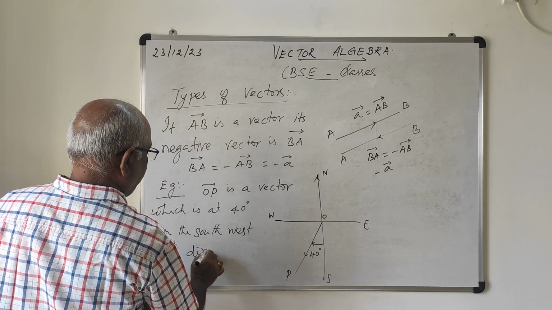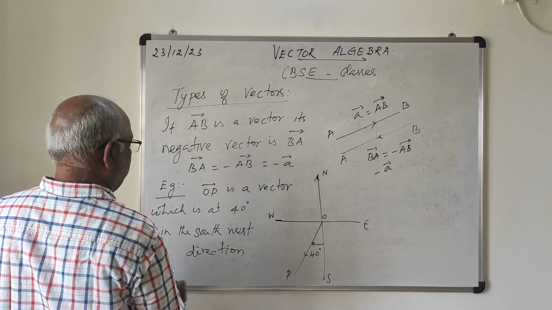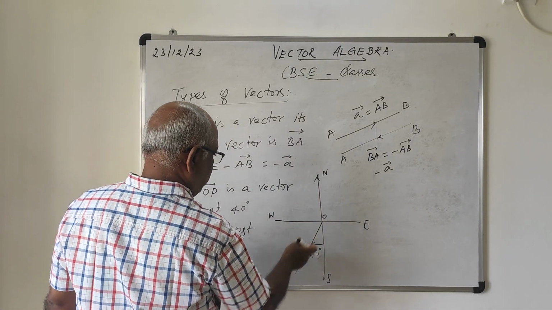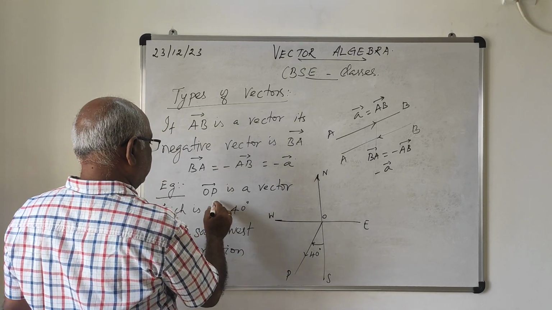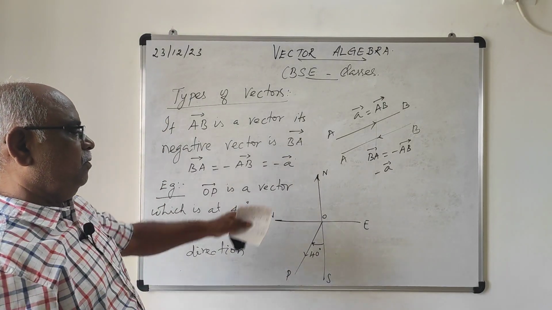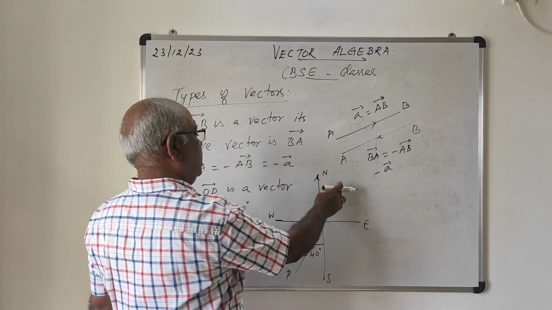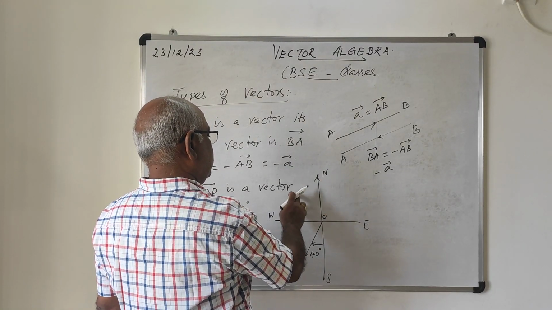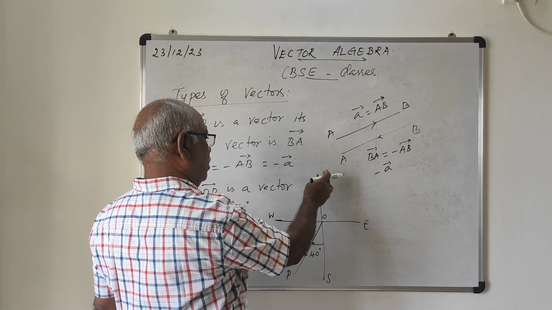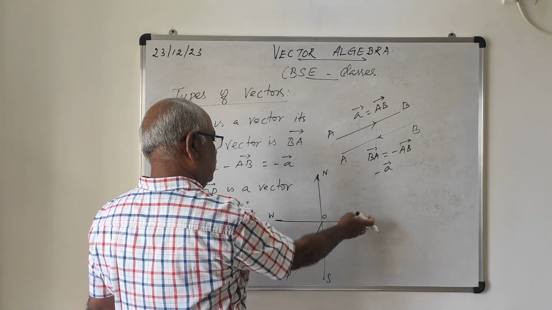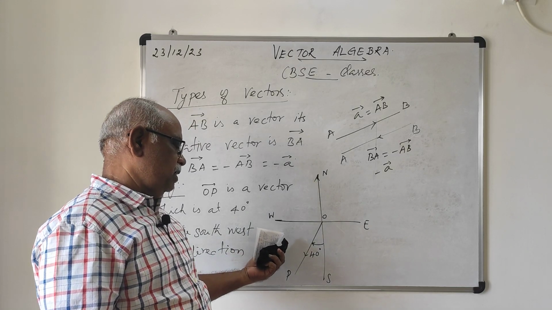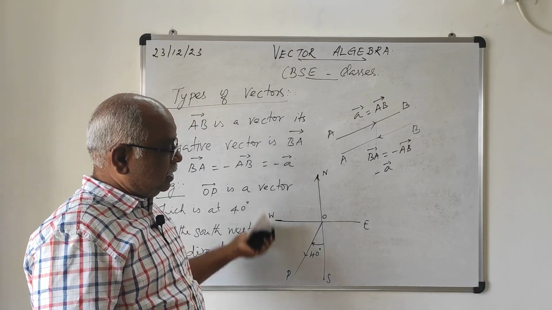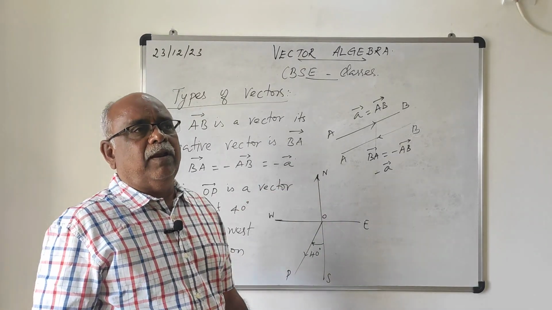The south-western direction at 40 degrees is defined by vector OP. Like that, a vector can be defined in different coordinate systems. This is the first quadrant, second, third, fourth, whatever it may be, but north is always on the upper side; south, east, west. The right hand side is east, the left hand side is west. Like that, a vector can be represented in the plane also.